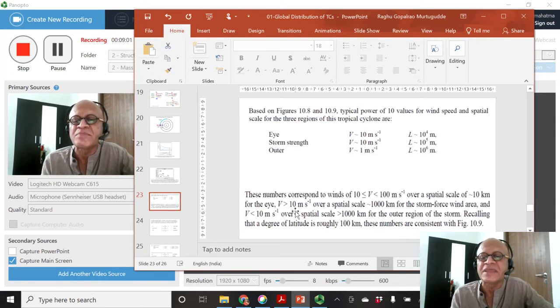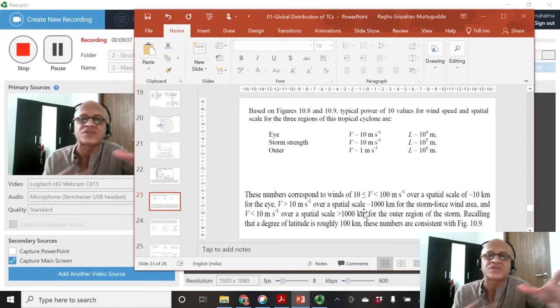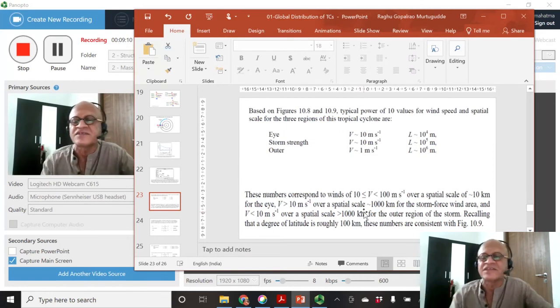V is greater than 10 meters per second over a spatial scale of 1,000 kilometers for the storm force wind area, so the size of the cyclone over which the storm force can be felt. And V is less than 10 meters per second over a spatial scale of greater than 1,000 kilometers for the outer region of the storm.